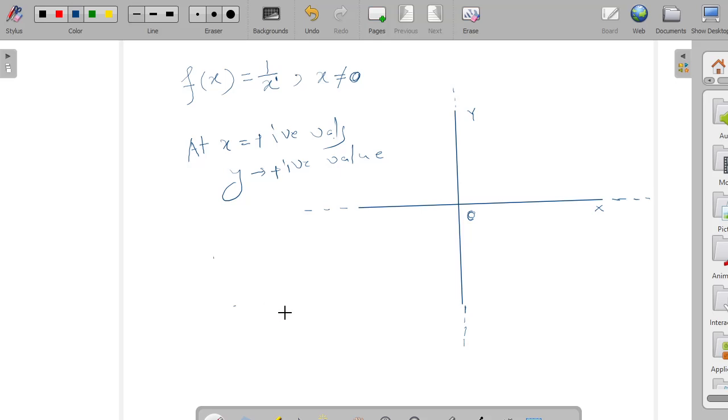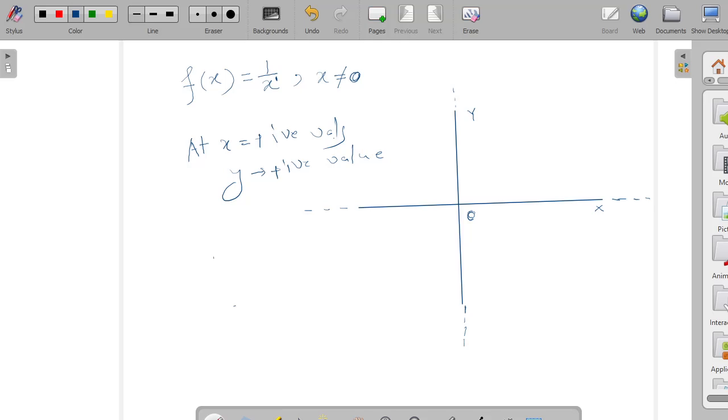So now we are in a position to tell where the graph would lie. Okay, now we should look for a few other points before sketching this function.